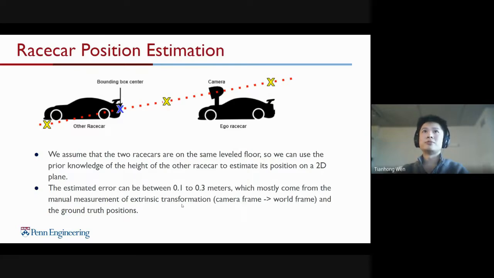Assuming we have an accurate extrinsic transformation and ground truth position, the estimated error should be really small. And also considering the intrinsic parameters are accurate according to the Z camera factory calibration.